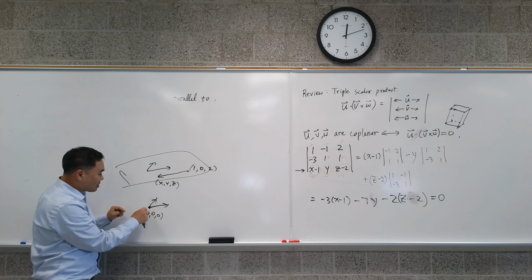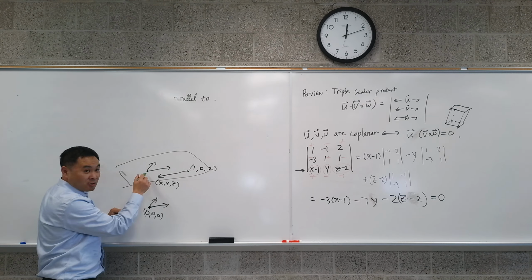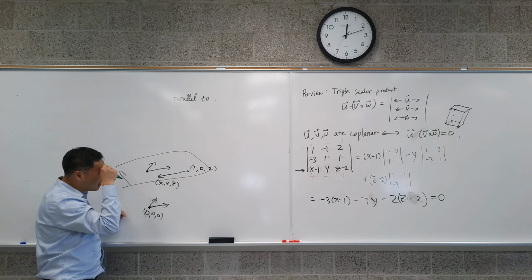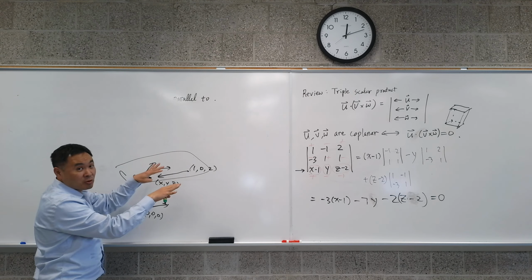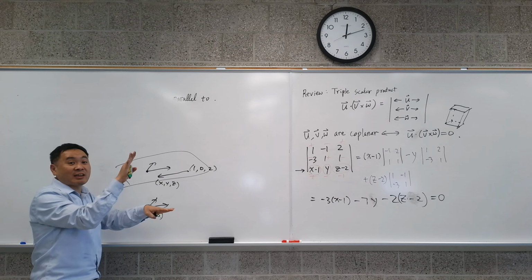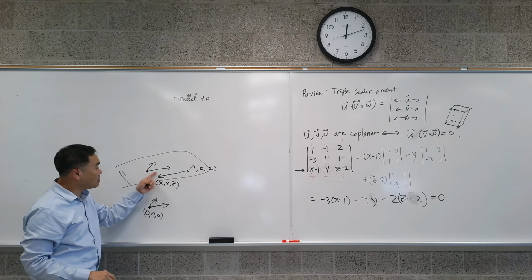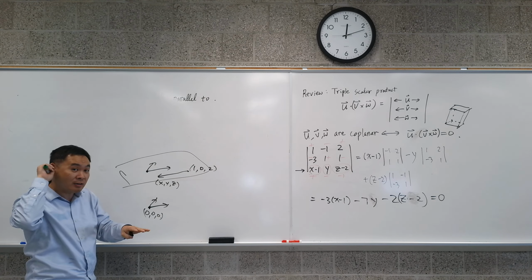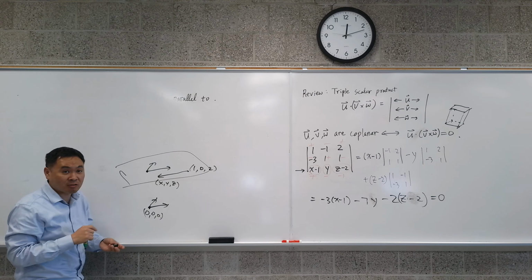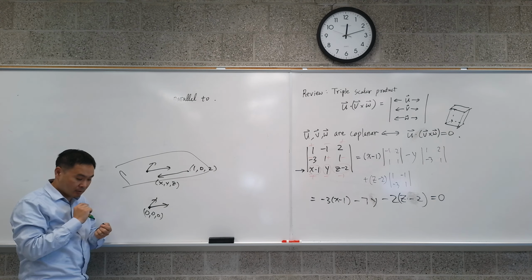But what it means is that if you bring this point up here so that this initial point lies inside the plane, then this will be fully embedded. Yeah, it won't be sticking out. That's what I'm saying. So none of these 3 vectors stick out from the plane, and that's another way to say that it's coplanar. Okay? Alright.